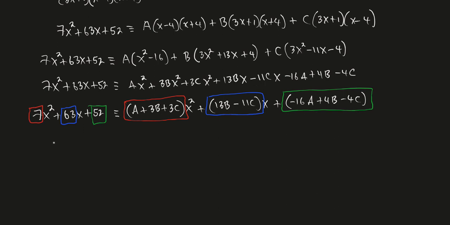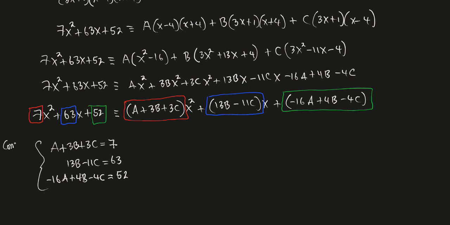So what I have is this. I have that a plus 3b plus 3c is equal to 7. I have that 13b minus 11c is equal to 63. And then I have negative 16a plus 4b minus 4c is equal to 52. Right? This process here is called comparing coefficients.